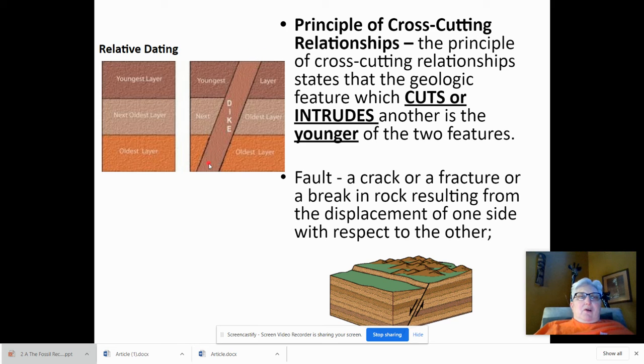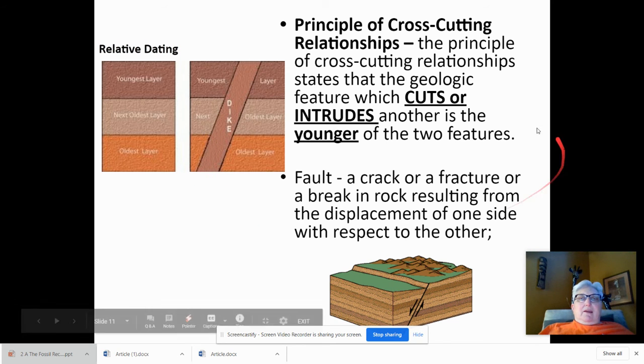So this happens to all be the same age, even though we're seeing it at different layers. Faults, which of course are cracks in the earth, usually are the result of seeing this type of intrusion, which we call a dike, here in the rock layer.